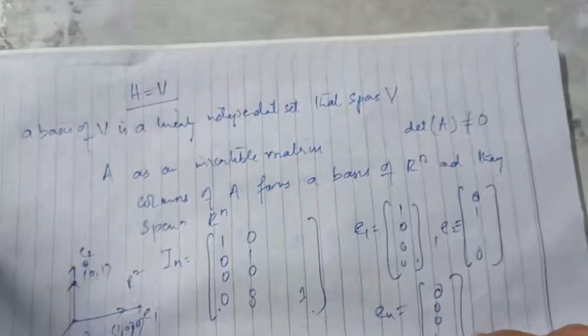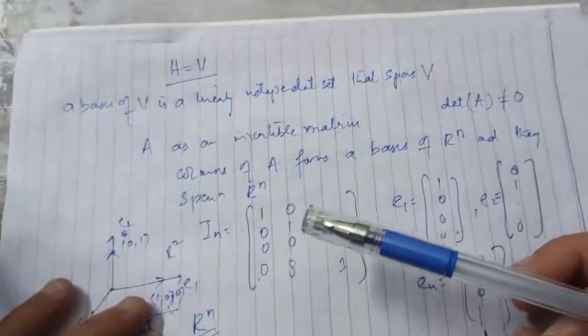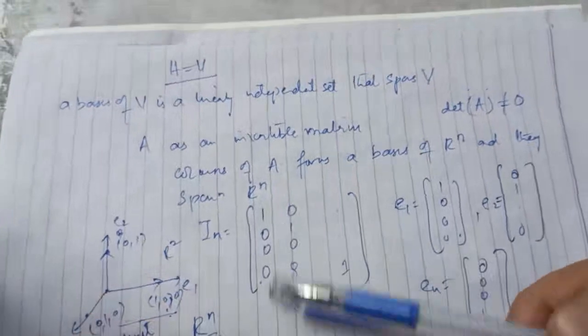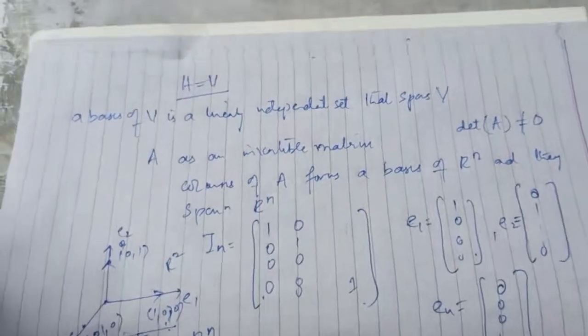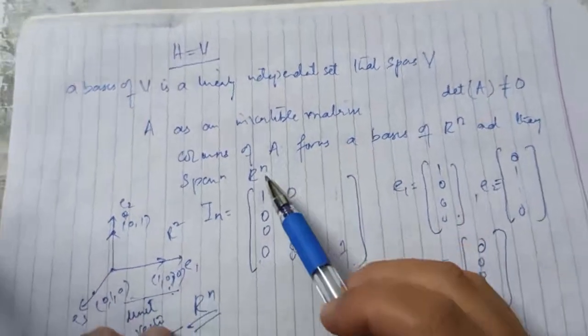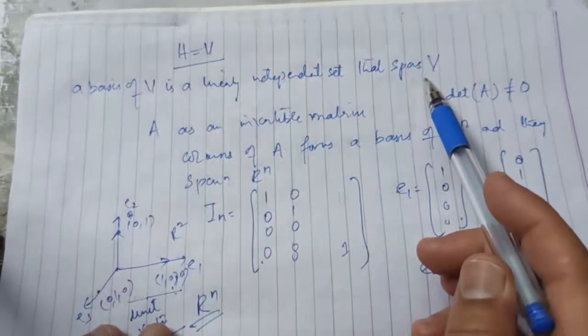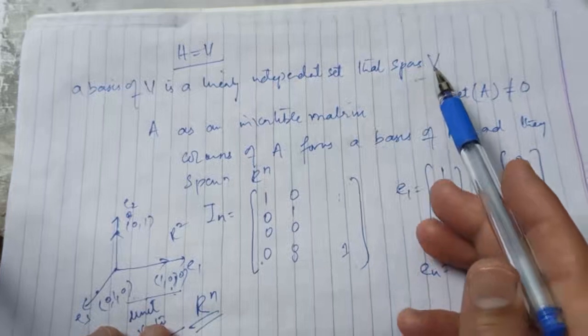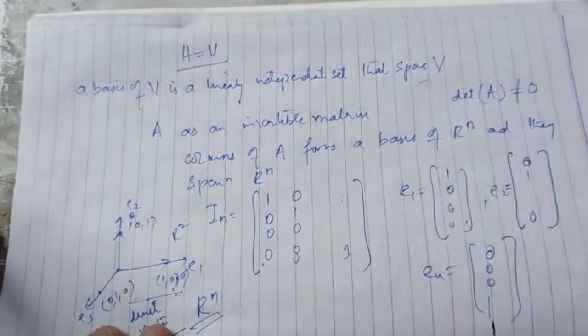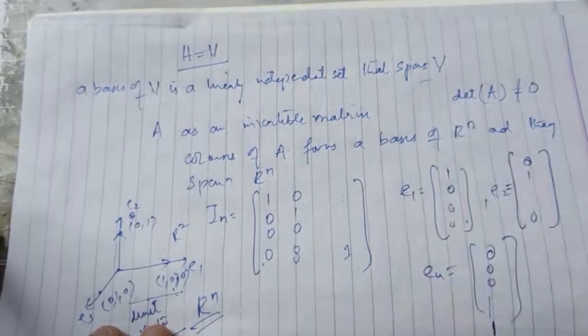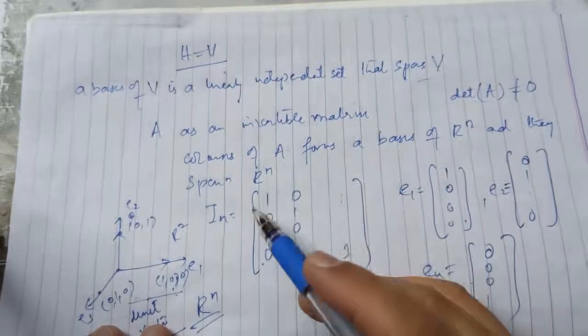In that case we have to use the spanning set theorem, but that discussion will follow in the next slide. Generally, a basis of V is a linearly independent set that spans V, because V is a vector space, so it is also a subspace of itself.